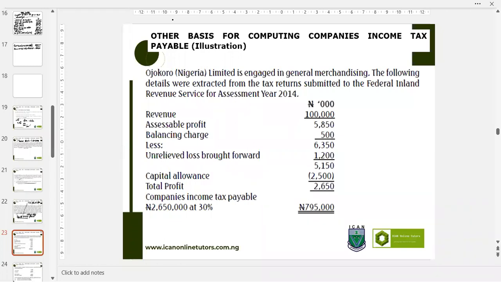So for instance, if the company's tax rate is, say, 30%, a fair and reasonable basis of 20% on the turnover, which is 20% multiplied by these 100 million naira, what do we have? We have 20 million naira now.